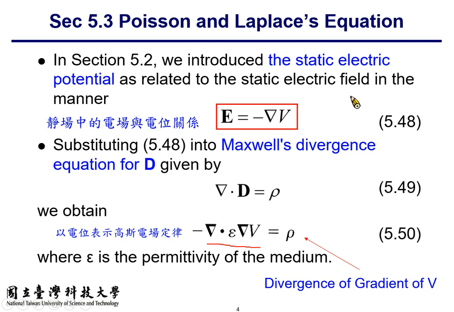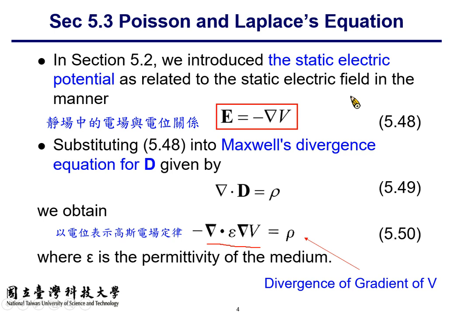And usually the differential form of Maxwell's equations is more convenient to use because it specifies the source and field relationship at a particular point.